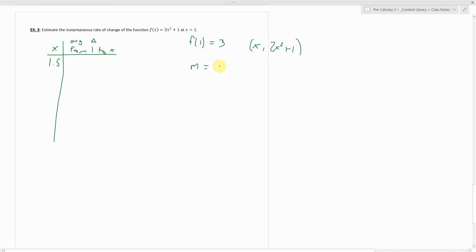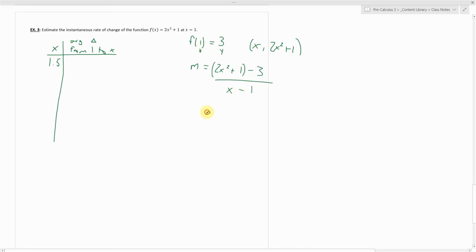And so slope would always be y coordinate minus y coordinate, over x coordinate minus x coordinate. The known point has x coordinate 1, y coordinate 3. So our slope is going to be our unknown y coordinate minus our known y coordinate, divided by our unknown x coordinate minus our known x coordinate.